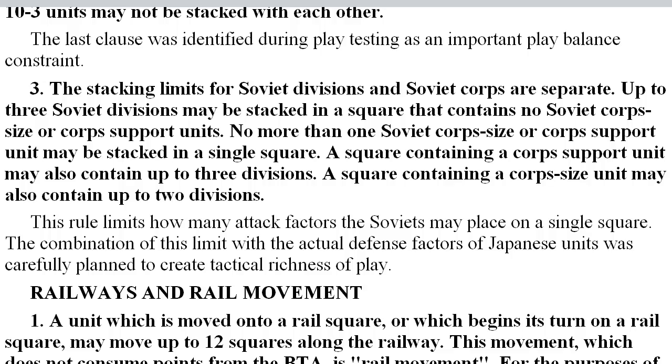In addition, if you have a corps support unit in a square, you can put into the square up to 3 divisions, so 3 divisions and a corps support unit can stack. If you have a Russian corps size unit, you may only put 2 divisions in the square.